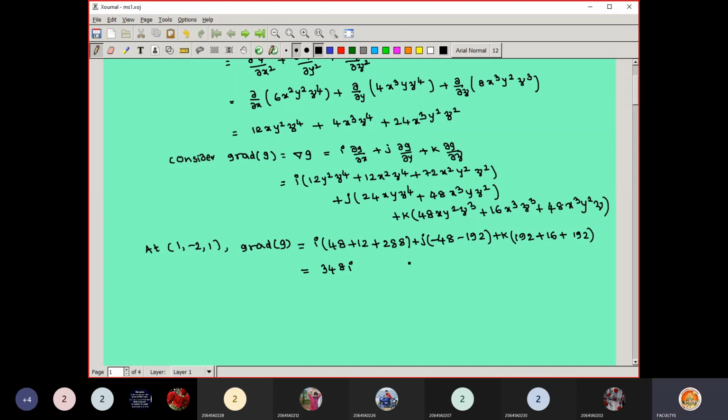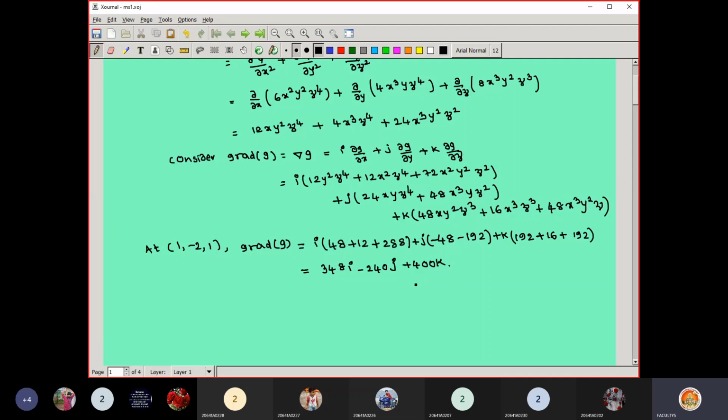Yes, 348i. Similarly, minus 240j. Similarly, what about the last one? Plus 400. So here it is 400k. This is nothing but the gradient value at that particular point.